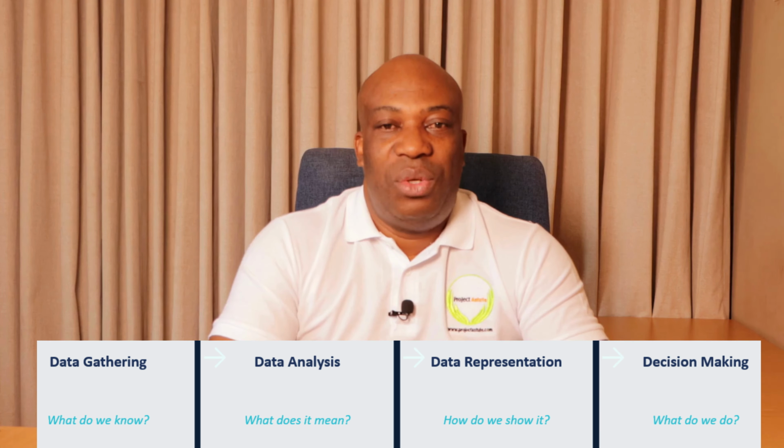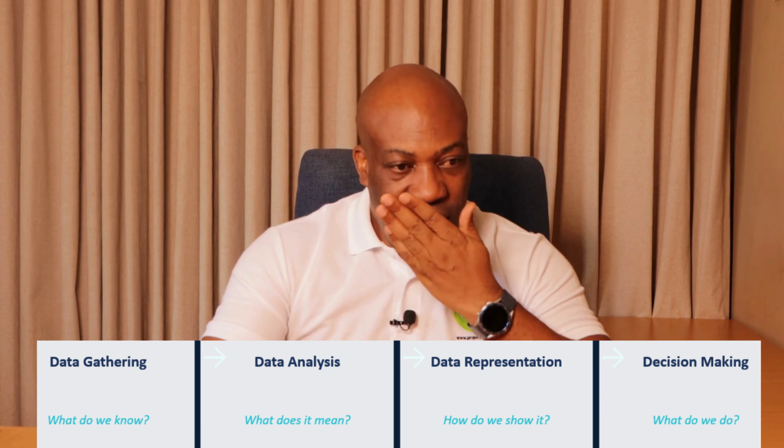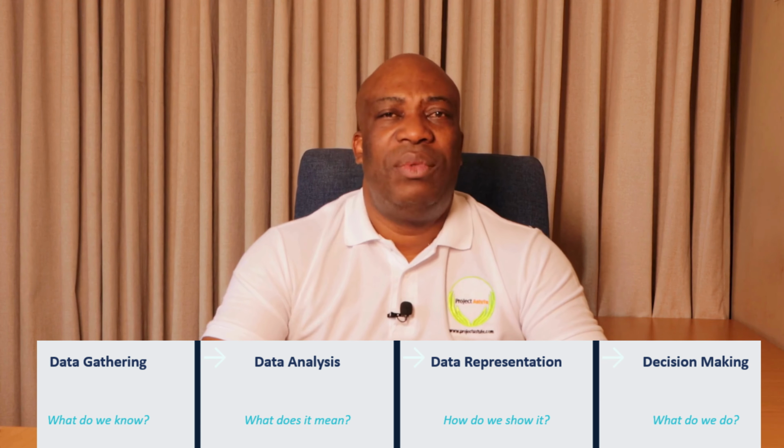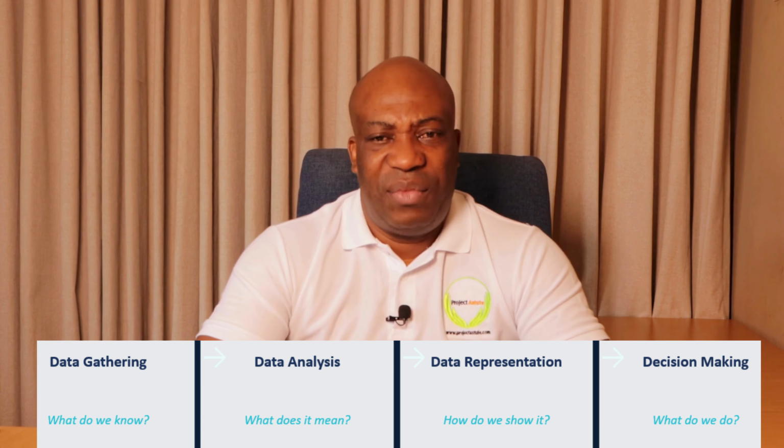Then the second item is data analysis. After gathering the data, you also need to analyze it. You want to transform it from raw data to information. That is also very, very important. You normally make decisions based on information.